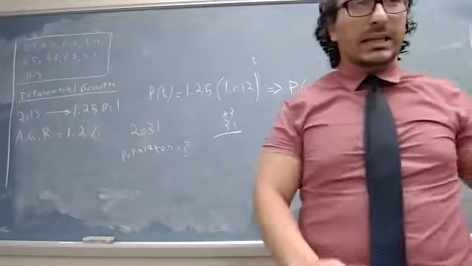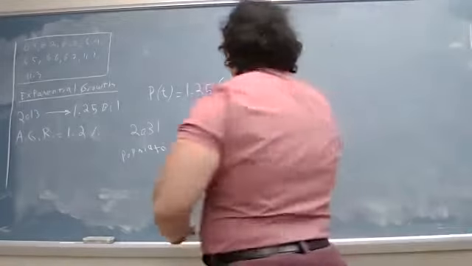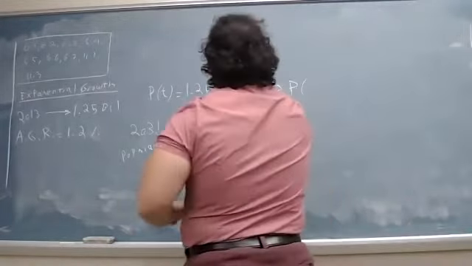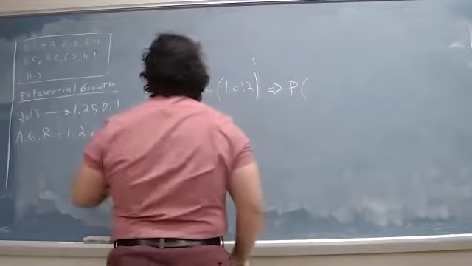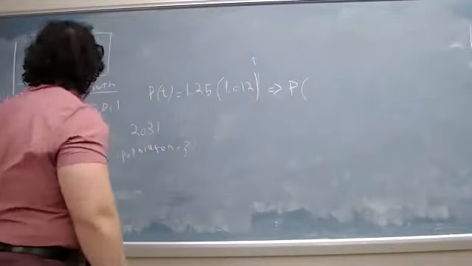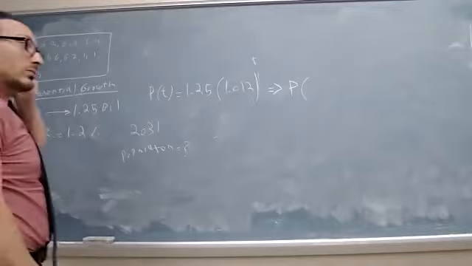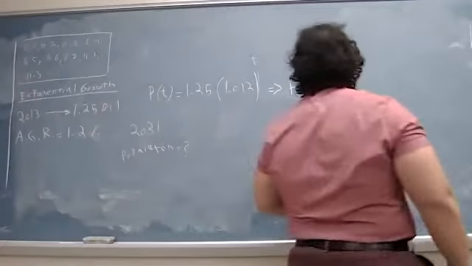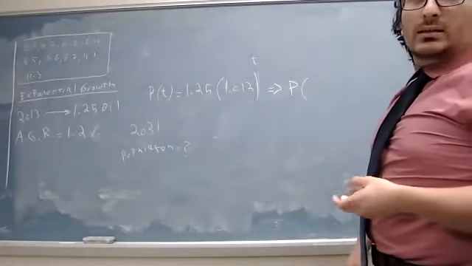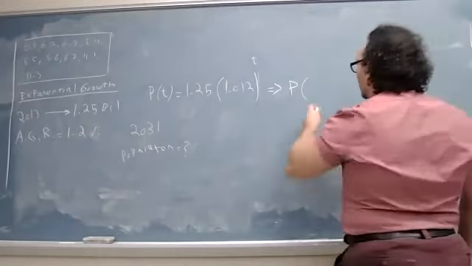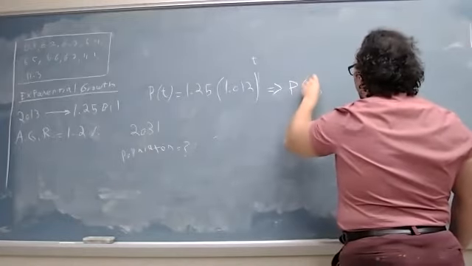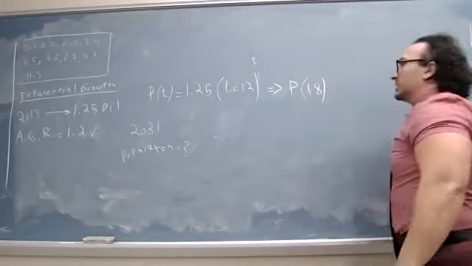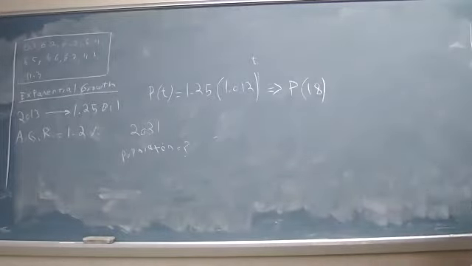Let's make sure that is 18 years. So 18 years go by from 2013 to 2031. So we put 18 in for our t, because the function represents the population t years after 2013.